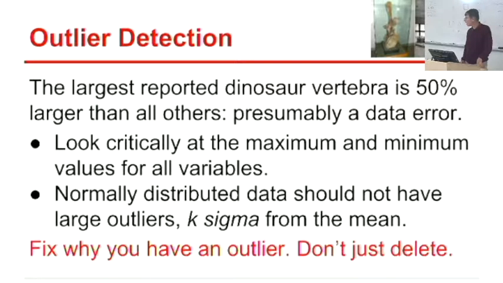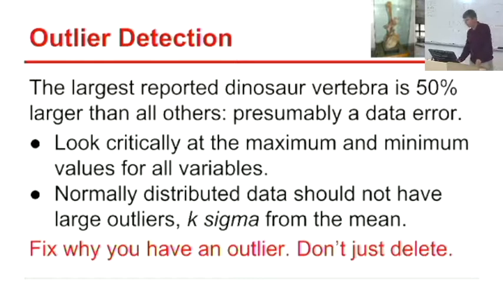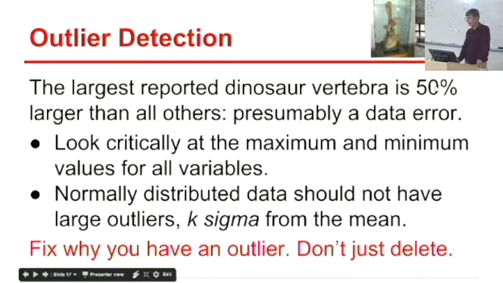And so part of what you should be doing when you're cleaning data, in every column, is looking at the maximum and minimum values and deciding whether or not they are reasonable, right? This dinosaur that someone claimed to find in 1920 and misfiled the actual bones is most likely an outlier because there's such a big gap between it and the one next to it.